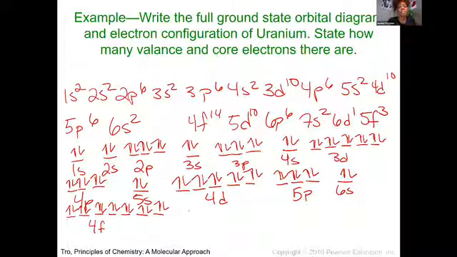And then we have our 5Ds, which again, we get 5 orbitals. And down, down, down. And then we have our 6p that are completely filled.